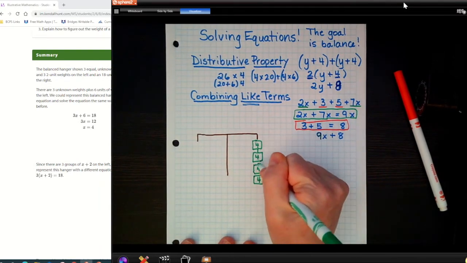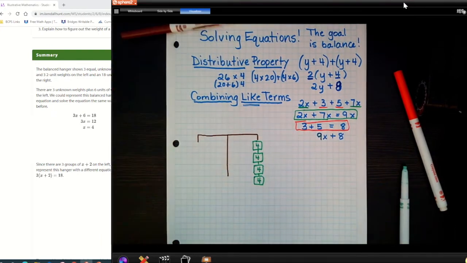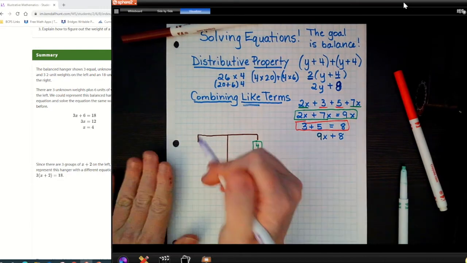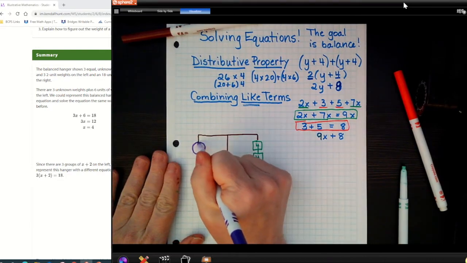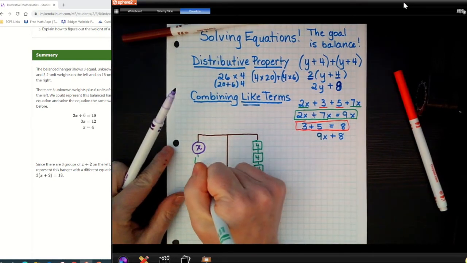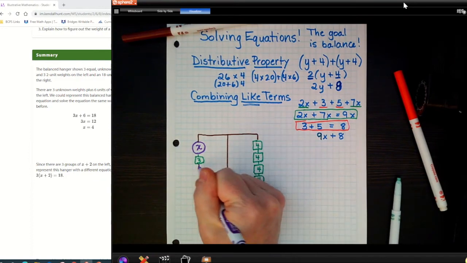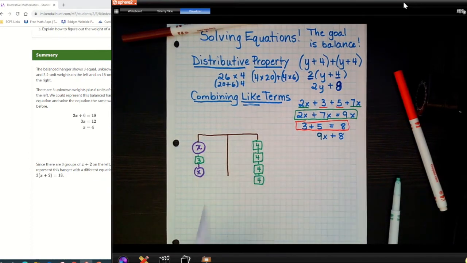And then on the other side of the scale, I'm going to have an x and a 3. An x and a 3.